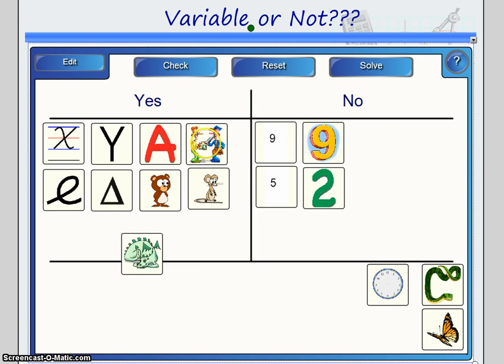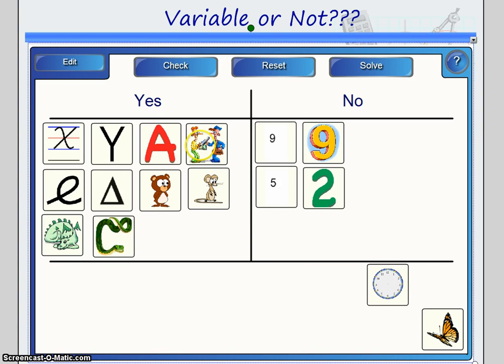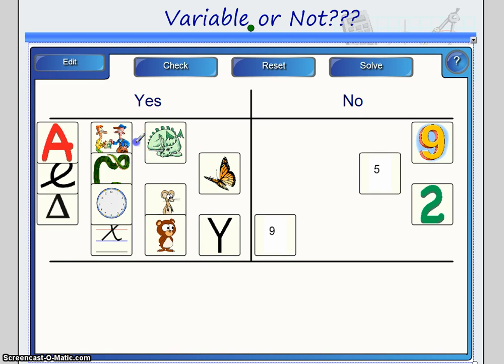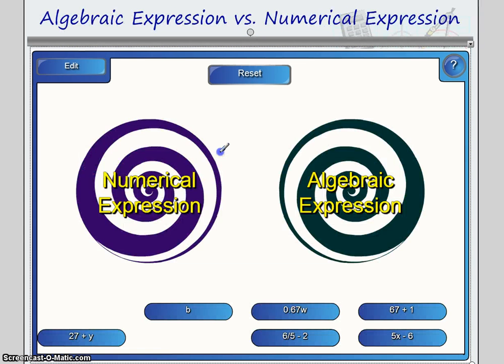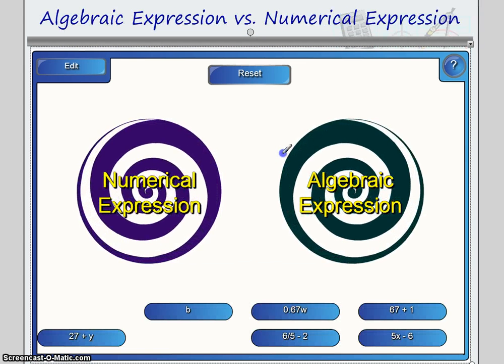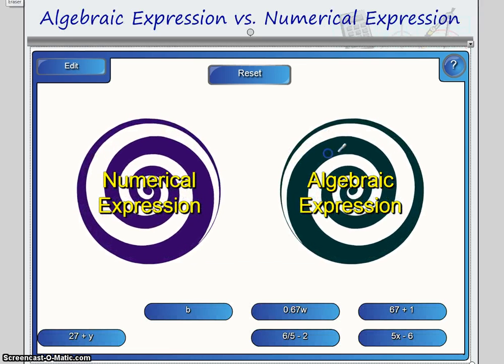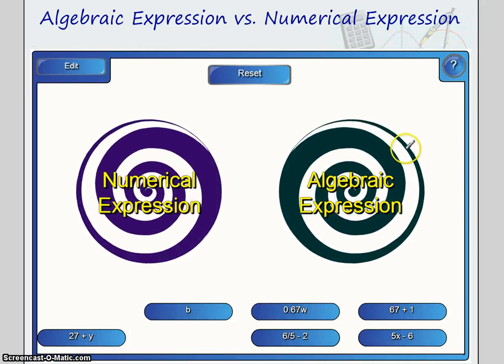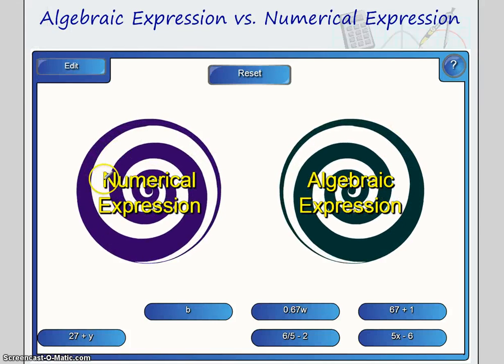This is probably one of the hardest parts of writing expressions from words: when do you put parentheses. Okay, so that's why I've got those on here. If you have some words before and it says times the sum of, that means that you're going to have parentheses in your problem, and you'll see that when we go through some examples.